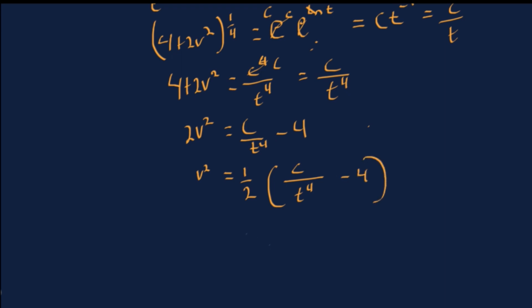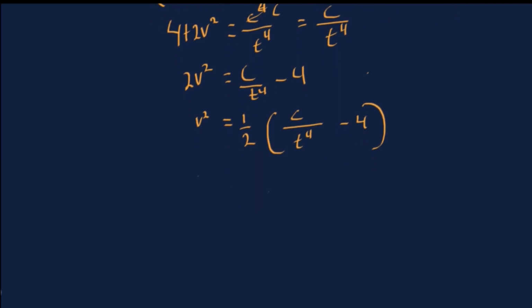That could actually be rewritten as v squared is equal to 1/2 times (c minus 4 times t to the fourth) over t to the fourth.